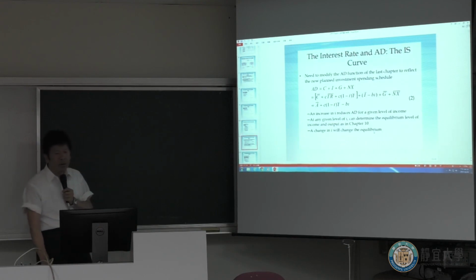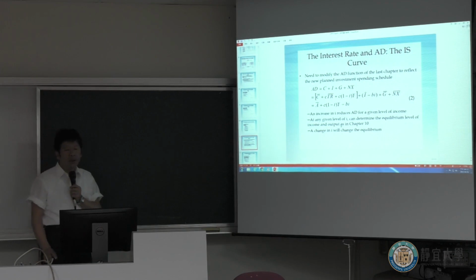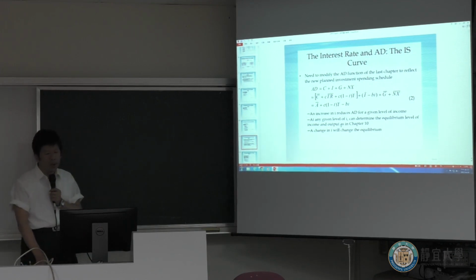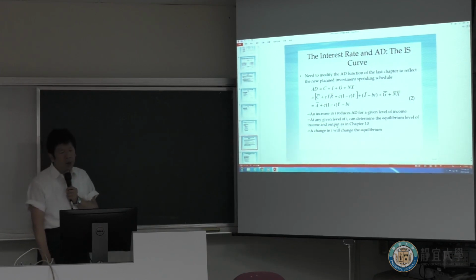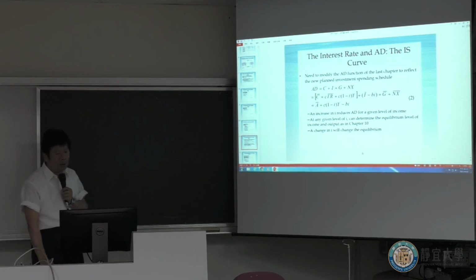Here, AD equals C plus I plus G, and NX. NX represents X minus M, okay? So you can also find the equilibrium level of income and the equilibrium level of output, like in chapter 10, okay? So if possible, you can go back and see all the content of chapter 10, okay?